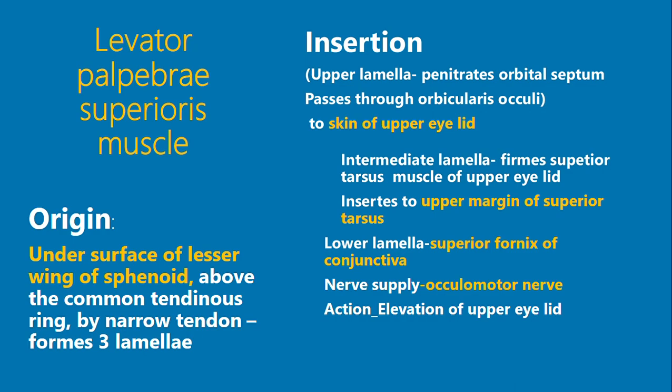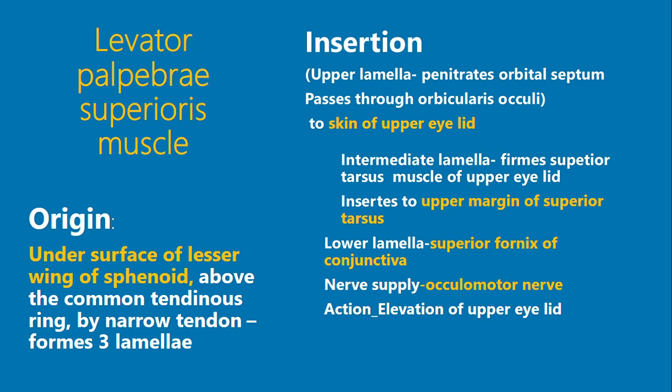The lower lamella passes to the superior fornix of conjunctiva. When we studied the lacrimal apparatus, we studied the conjunctiva, isn't it? The external covering of the eyeball is known as conjunctiva.